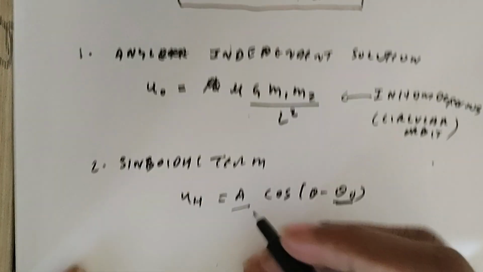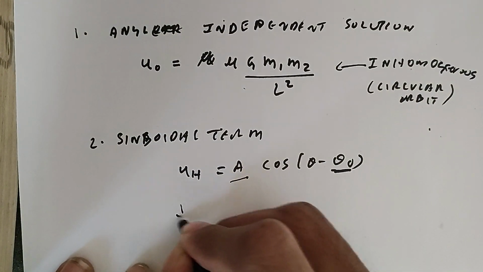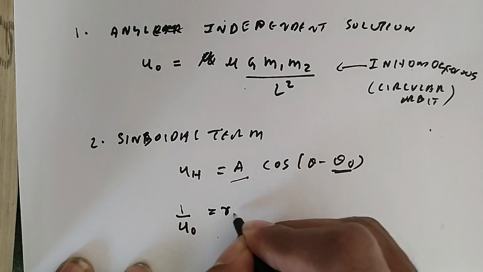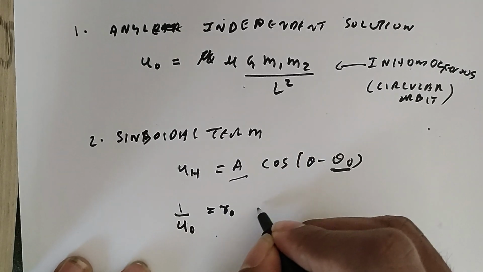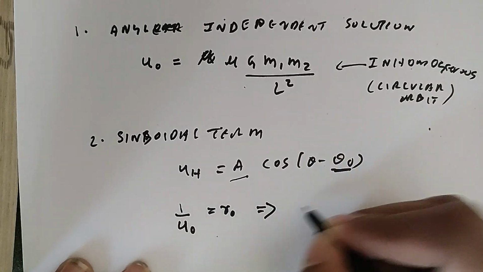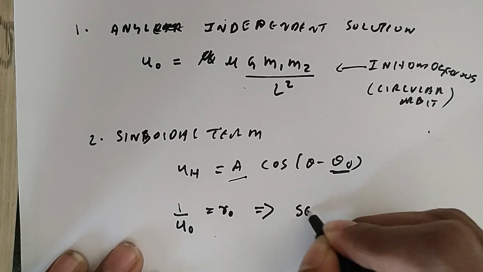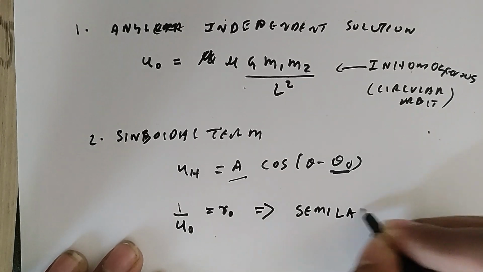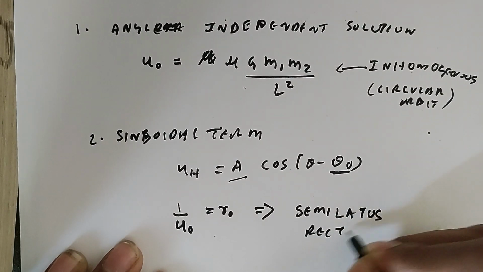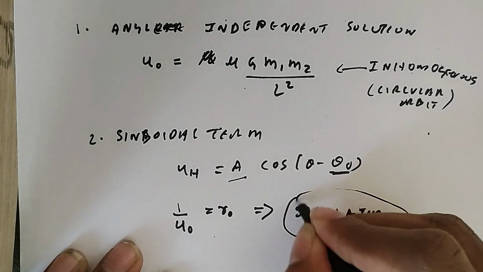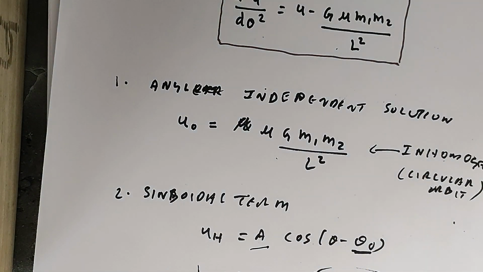Also, one more important thing is that 1 upon u naught, which is r naught, defines what we earlier defined as the semi-latus rectum. Now you see why I defined it earlier. I hope you do.